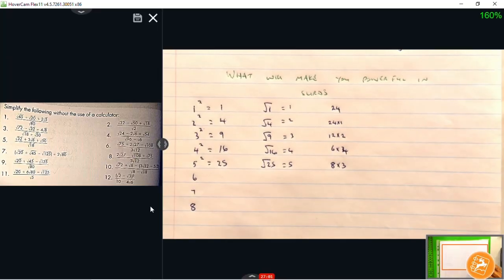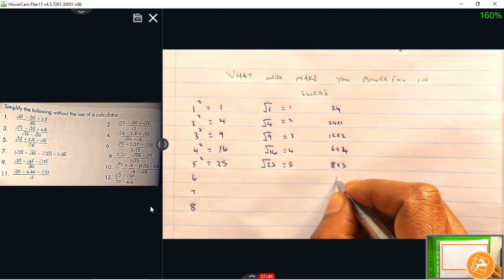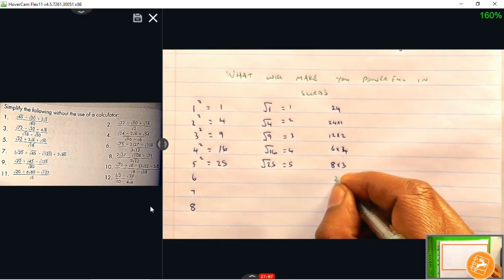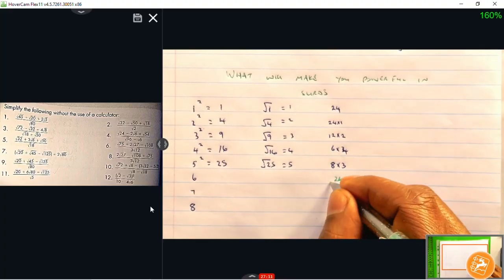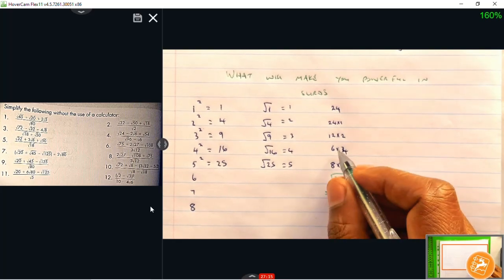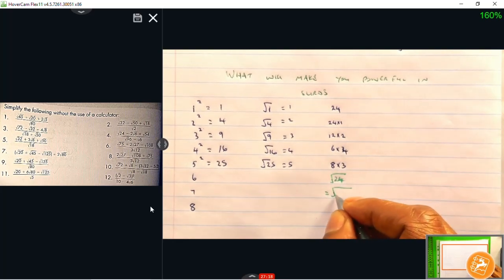I can say, for my root 24, I can do it as 6 by 4.